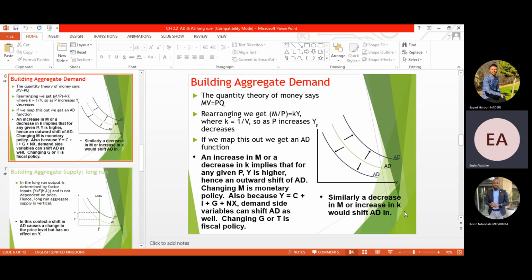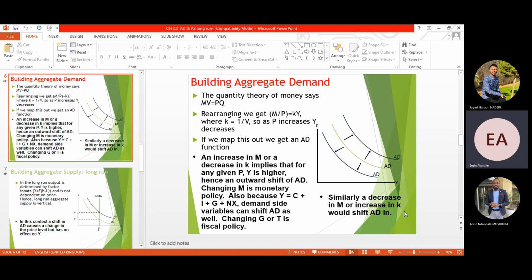Here, the quantity theory of money says MV is equal to PQ. Rearranging this, we get M over P is equal to K multiplied by Y, where K is 1 over V. So as price increases, Y decreases, depending on the relationship and which one is going up or down.